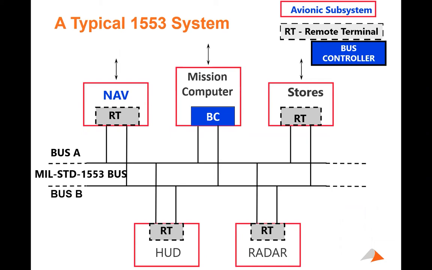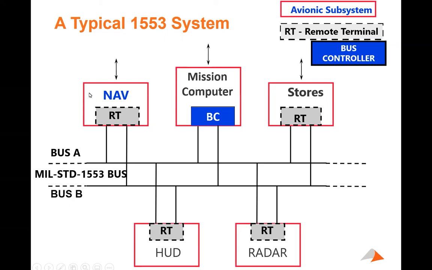Here's another example of a typical 1553 system. It isn't much different than the other picture, except for the difference of the terminal actually being separate from the subsystem. If you are reading the guide that I sent out, or the standard, you'll see it talk about subsystem and terminal.